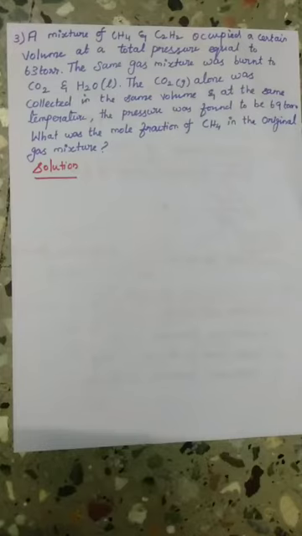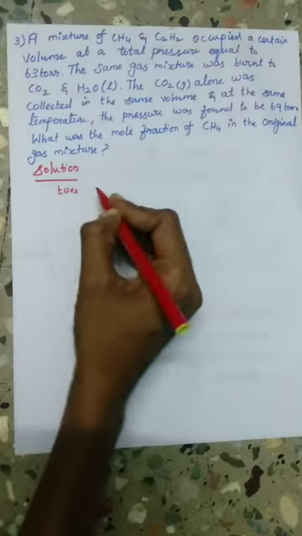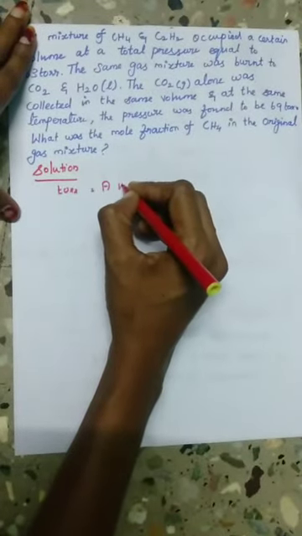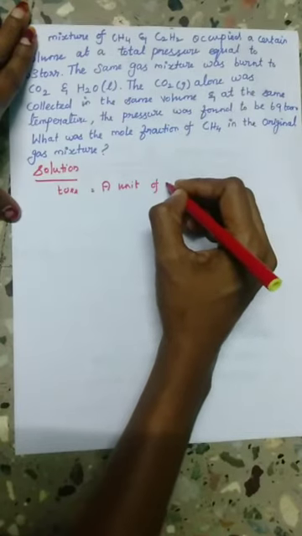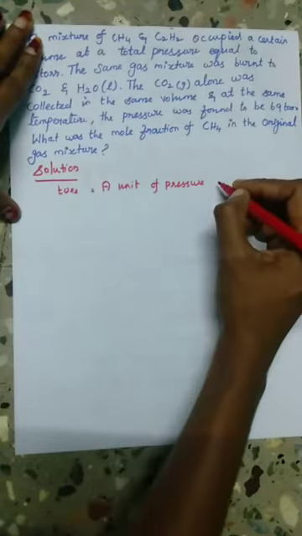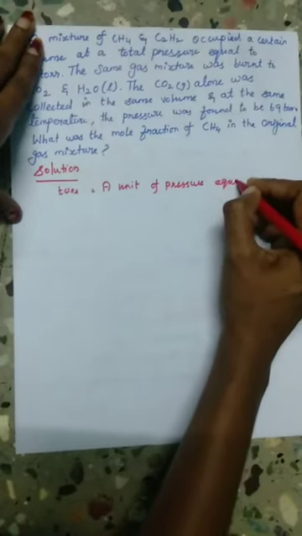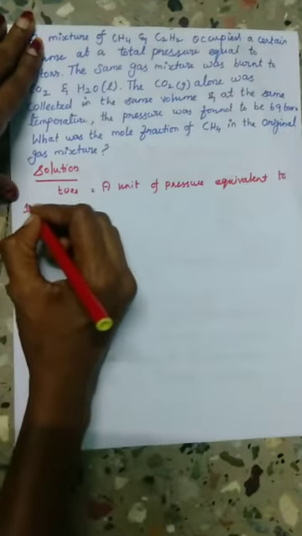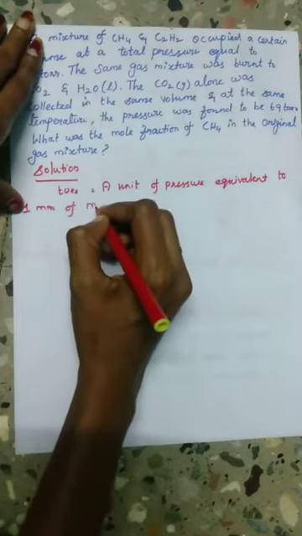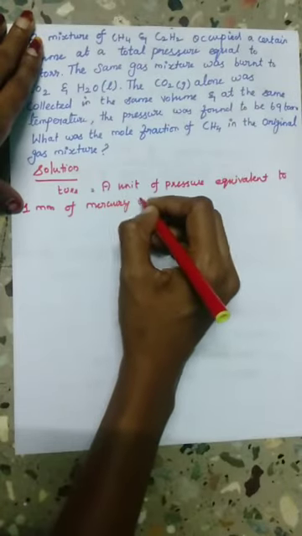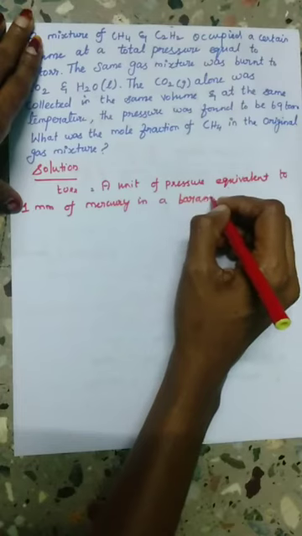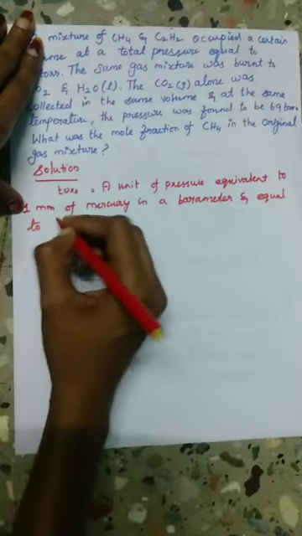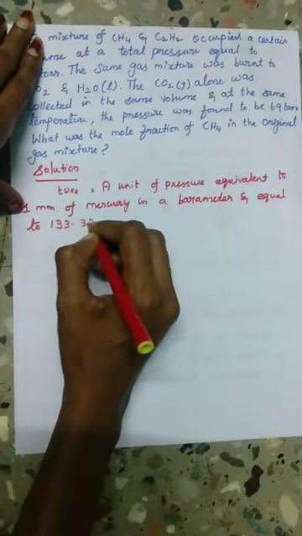So first, what we have to know, what is meant by torr. Torr means a unit of pressure equivalent to one millimeter of mercury in the barometer and equal to 133.32 Pascal.